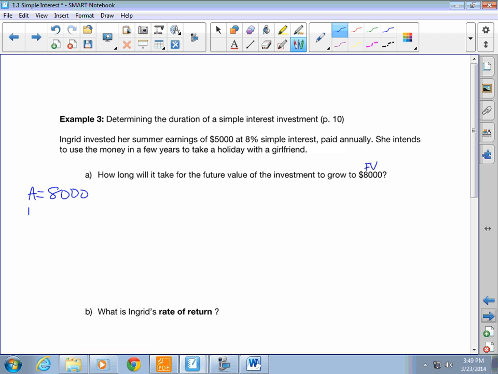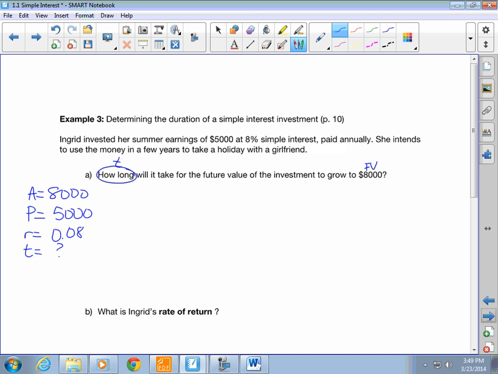We know that the principal amount she invested was $5,000. Her rate of interest was 8%. But what we don't know is the time. We want to know how long. So that is what we're trying to find out, is our time.